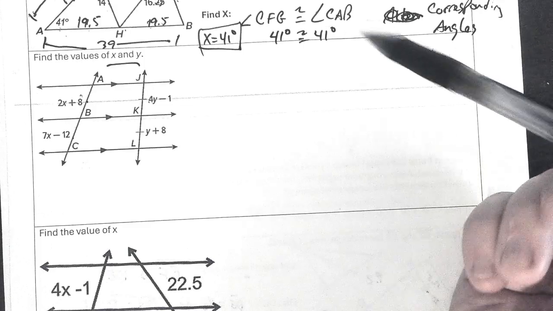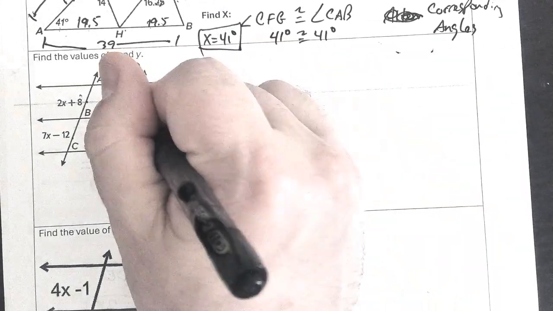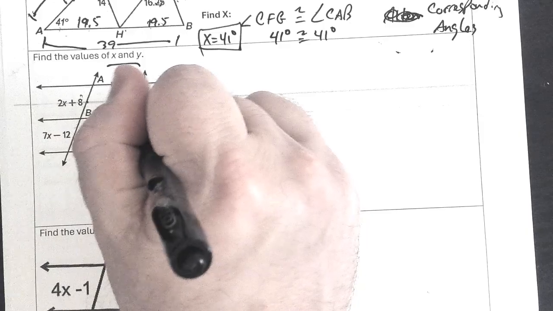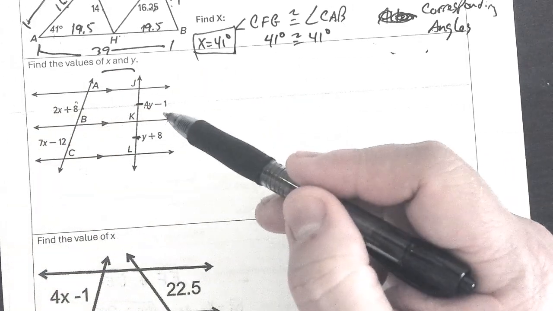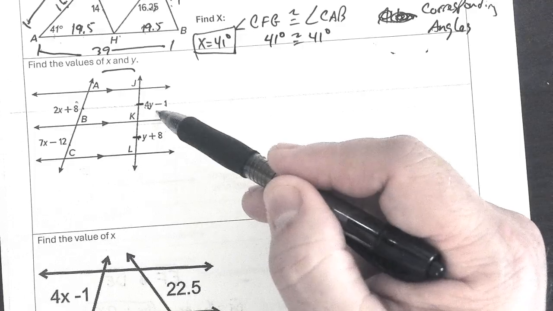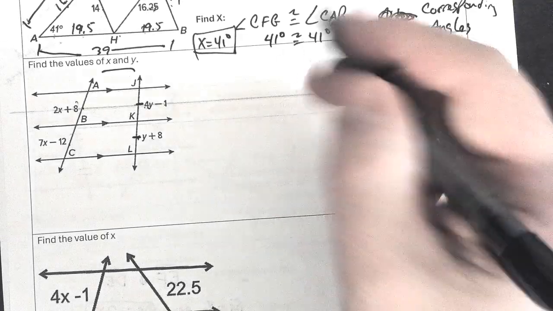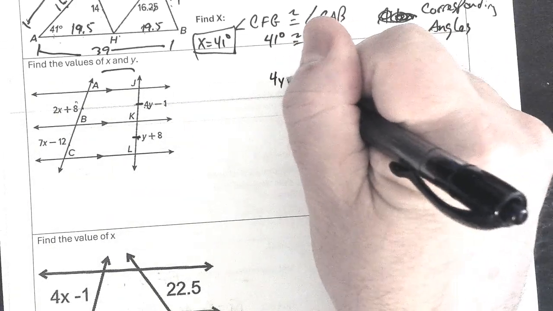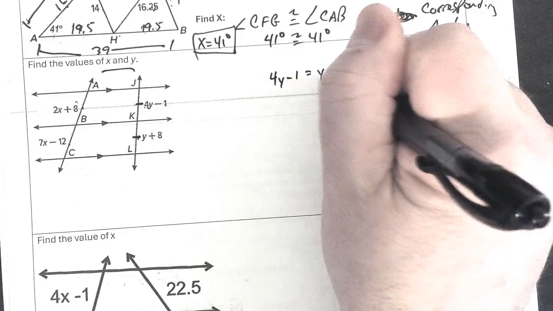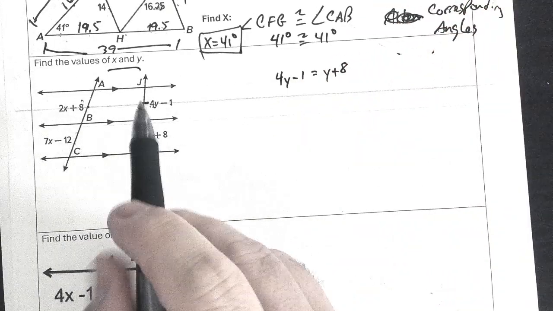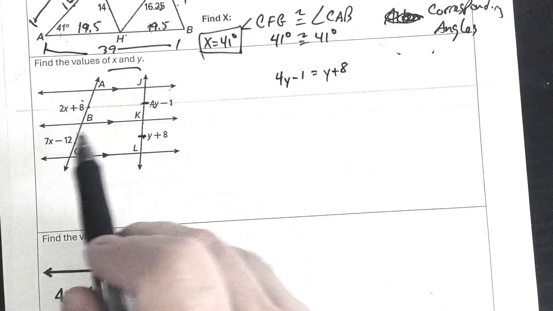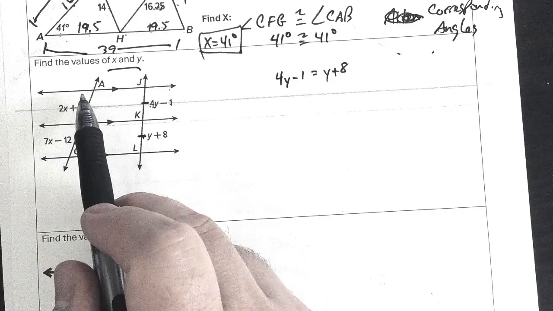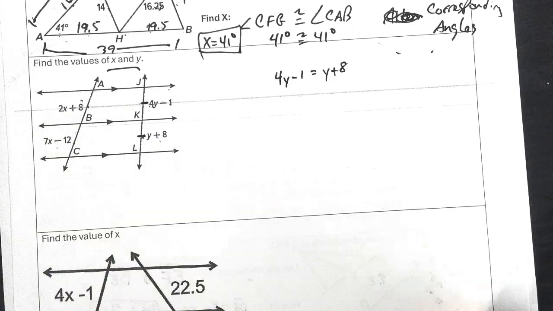Also, this print is kind of off, but these two guys are congruent. So what we're going to do is solve for y, because we know that these are congruent. And so all we have to do to solve for y is put them equal to one another. And once we solve for y, then we go to our proportions. It'll be this over this to this over this.